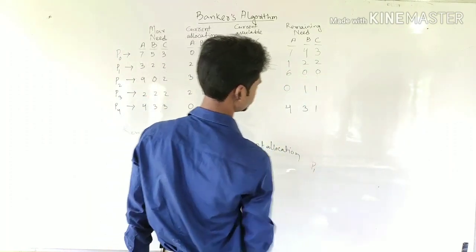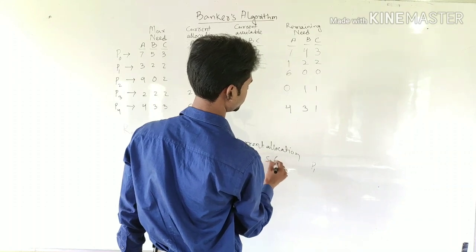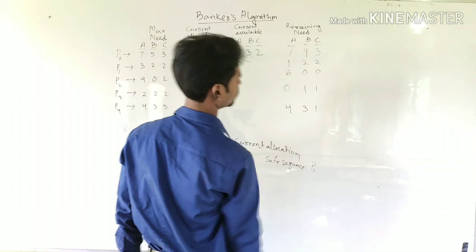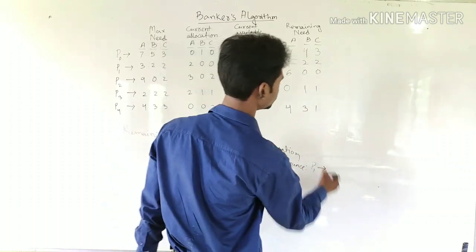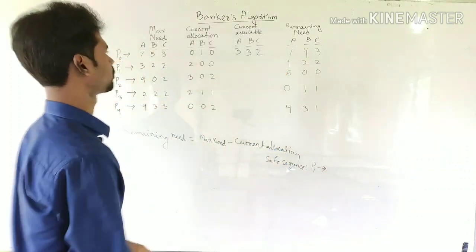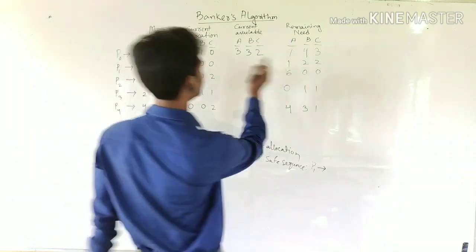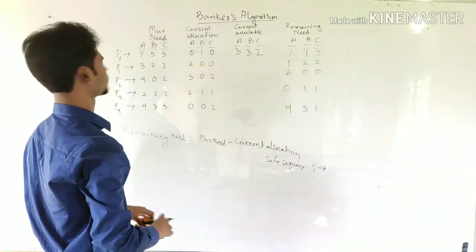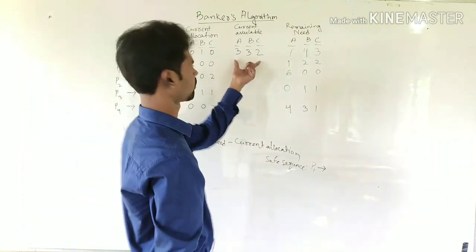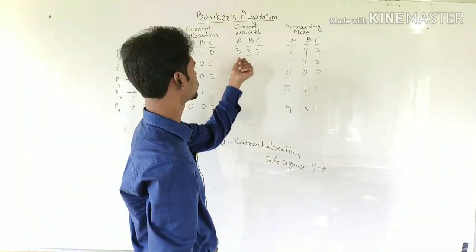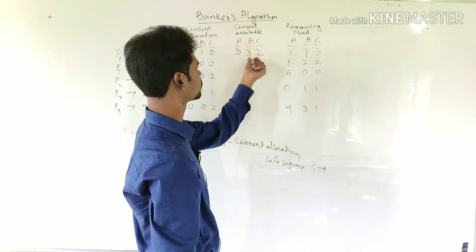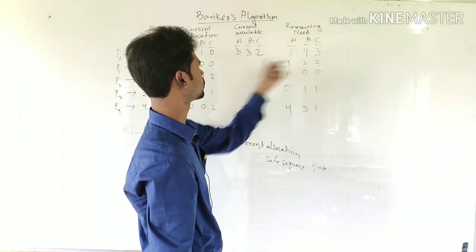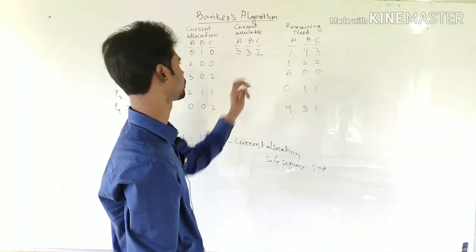This is the safe sequence for execution. First of all, we will assign process P1. So, P1 will complete its execution by taking this available resource, because A has 3, B has 3 and C has 2, and the remaining need is 1 2 2, so sufficient resources are available.